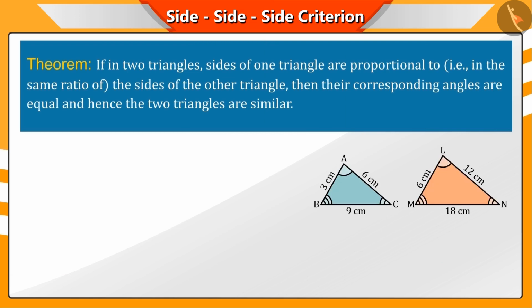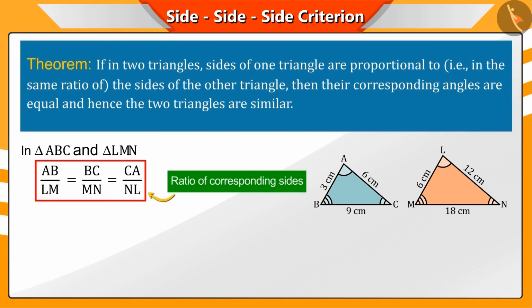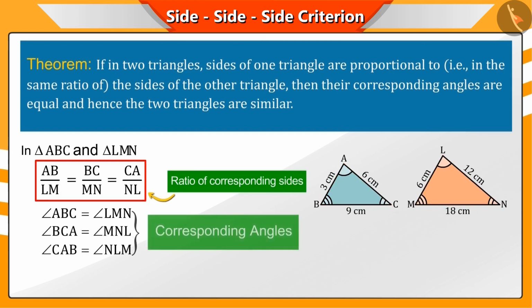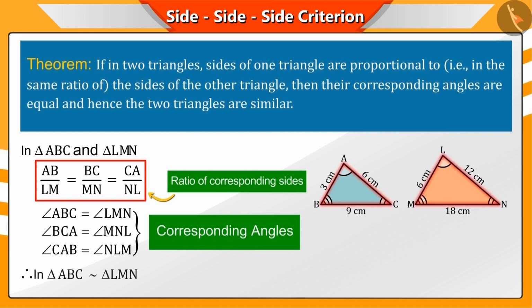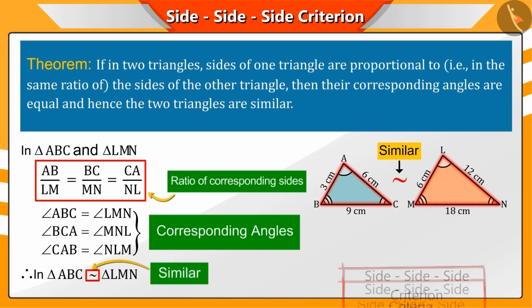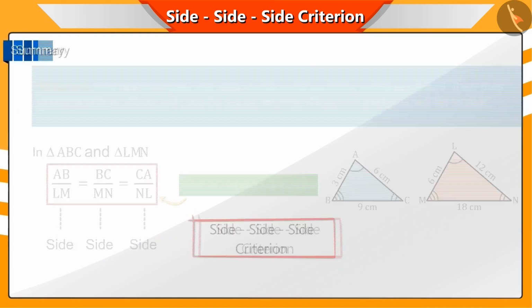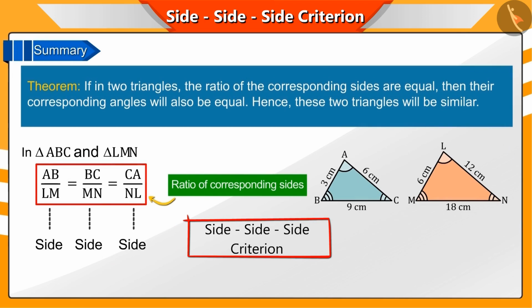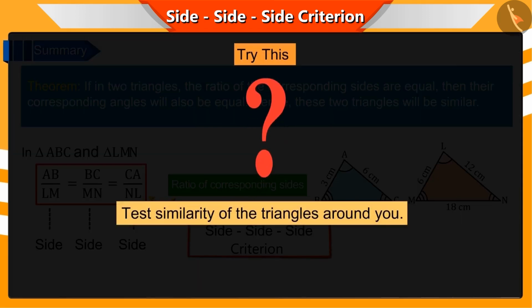Hence, we can say that in any two triangles, if the corresponding sides are in the same ratios, then their corresponding angles will always be equal, by which we can say that they are similar triangles. In this video, we learned the side-side-side or SSS criteria for the similarity of triangles.